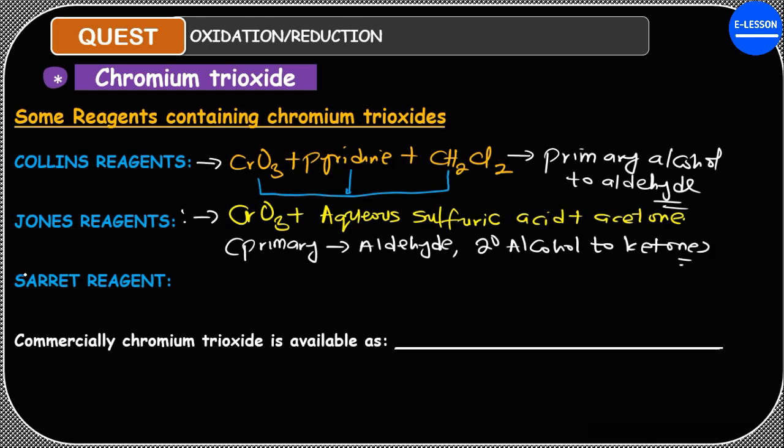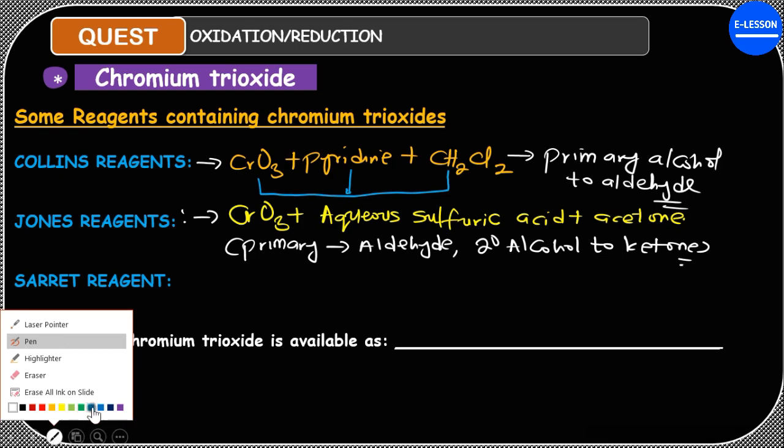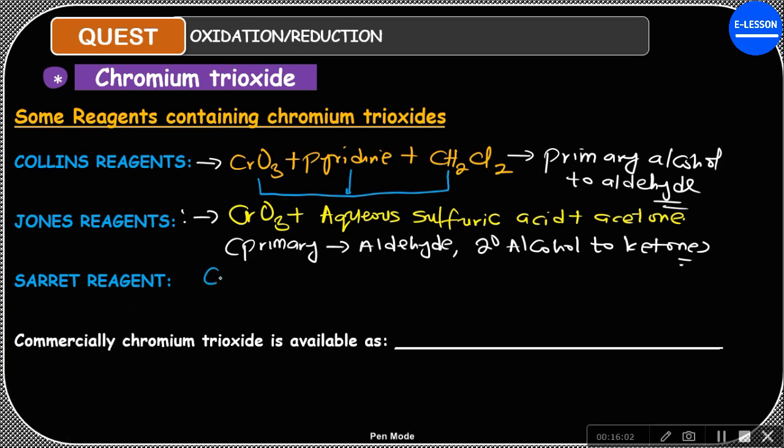Now the next one is the Sarrett reagent. Sarrett reagent is chromium trioxide and pyridine. So we have it as this: chromium trioxide plus pyridine. Now what is its function? It oxidizes alcohols to aldehyde and ketone respectively.